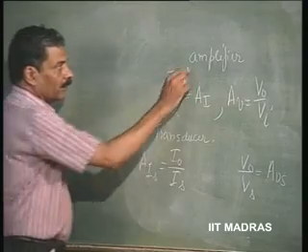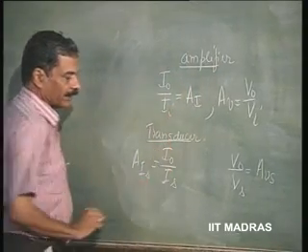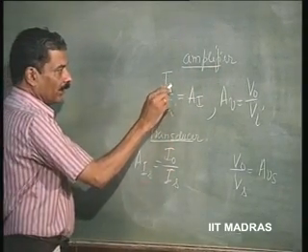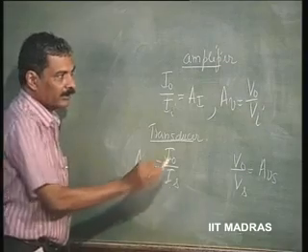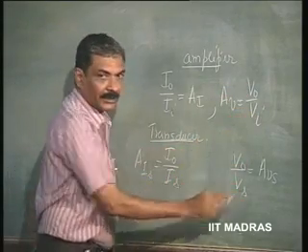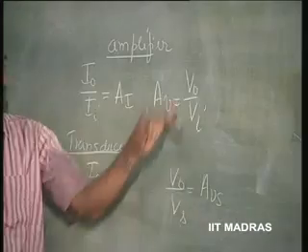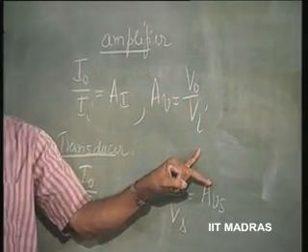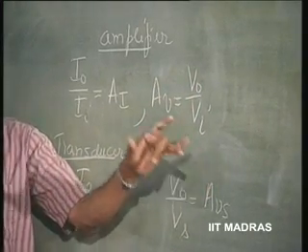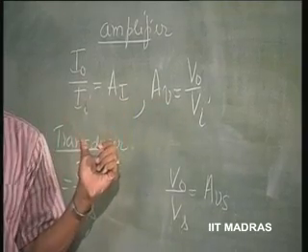So, this is the basic difference between I naught over II and I naught over Is, V naught over Vi and V naught over Vs. Always V naught over Vs is going to be greater than V naught over Vi by a factor determined by Ri by Ri plus Rs.